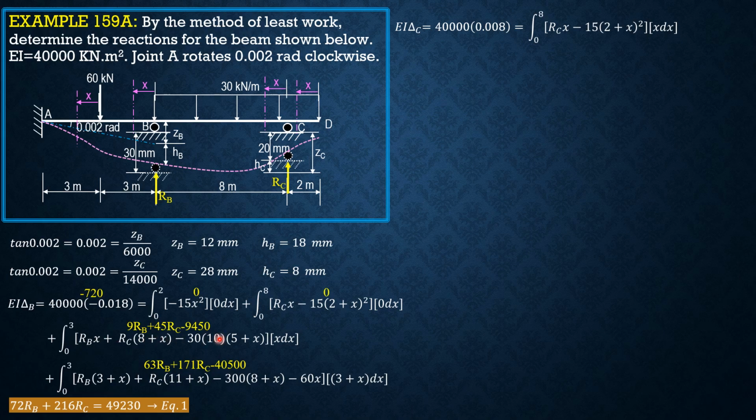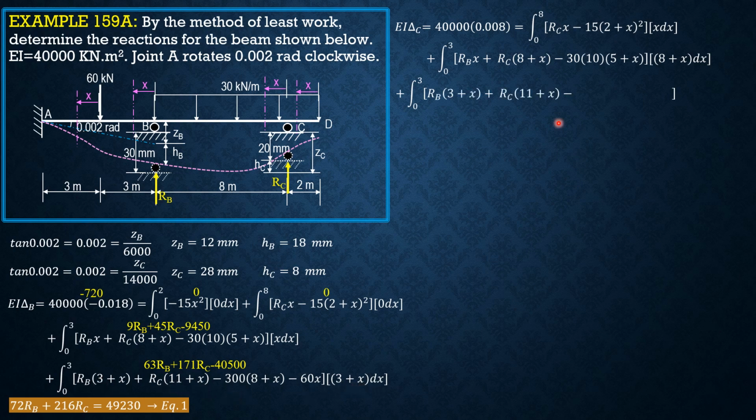Copy the next integral, then replace this by (8 plus x) dx. So R sub B x plus R sub C (8 plus x) minus 30 times 10 (5 plus x), then (8 plus x) dx. Then for the last integral, copy, then replace this by (11 plus x) dx. The partial derivative of this moment equation, (11 plus x) dx. So integrating, the left side is 320.